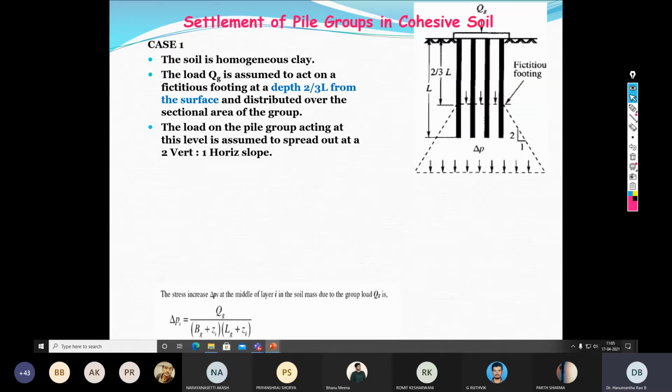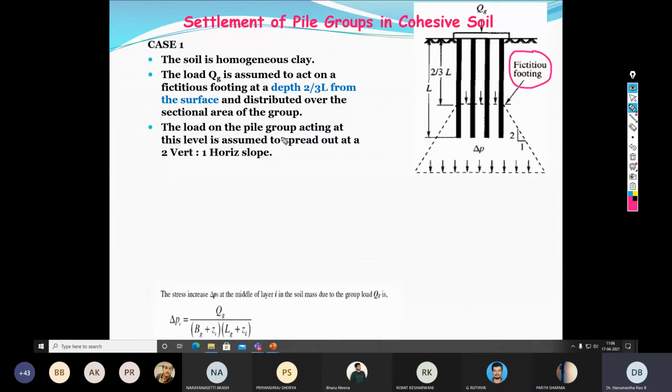Now, often you may encounter different situations in reality. Therefore you need to understand where to take the location of the fictitious footing. This is one of the important things.